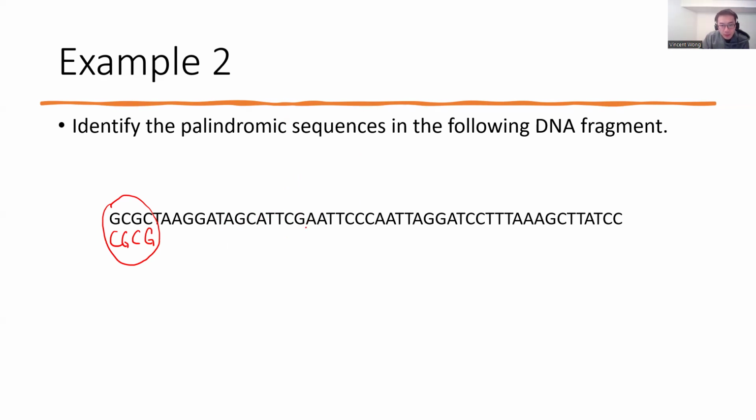Over here, you see AATT? What's the complementary strand for AATT? TTAA, right. And then I'm going to check an extra letter just to be safe. So C pairs with G, and G pairs with C, right? So there is the palindrome.